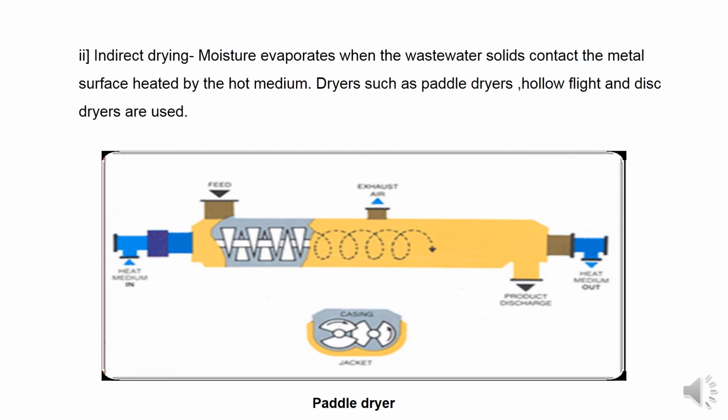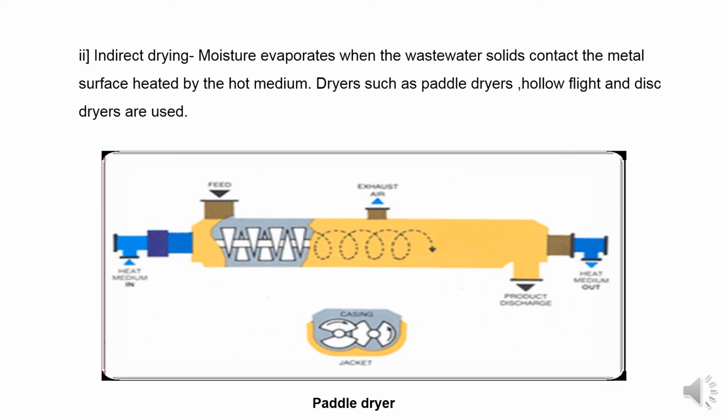Dryers that dry unblended feed sludges should have internal breaker bars and must provide enough horsepower to turn the agitator shaft to break up the clumps. Horizontal indirect dryers are capable of drying sludges to less than 10% moisture. So this is about the components of the horizontal indirect dryers.